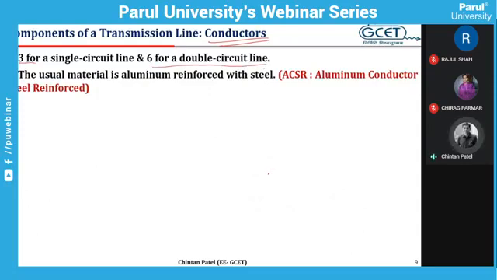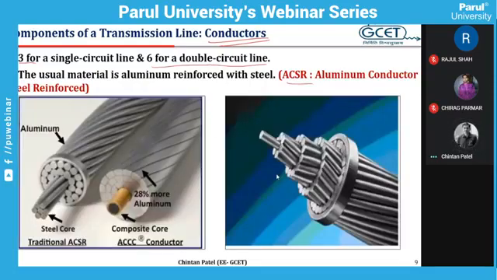Now, the usual material for the line conductors is aluminum, and the type of the conductor is called ACSR in most of the cases, which is aluminum conductor steel reinforced. So in the picture, you can observe 2 types of conductors. Let's say this is type 1 and this is type 2.